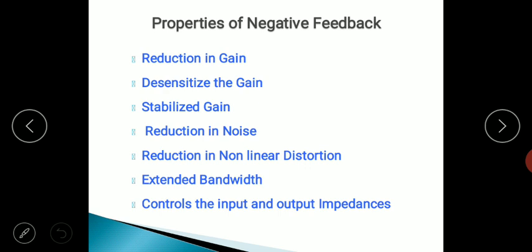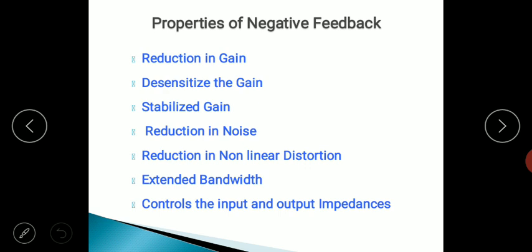And obviously negative feedback can be used to control the input and output impedances. Normally input impedance should be very high for an amplifier, and output impedance should be very low. If you want to further increase the input impedance and decrease the output impedance, negative feedback helps to do that, because negative feedback controls the input and output impedances.